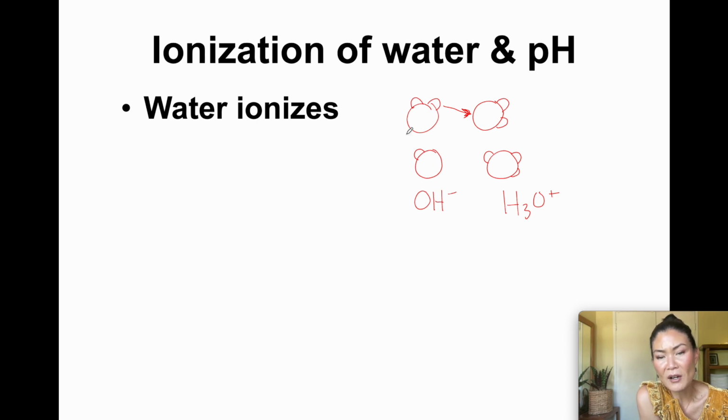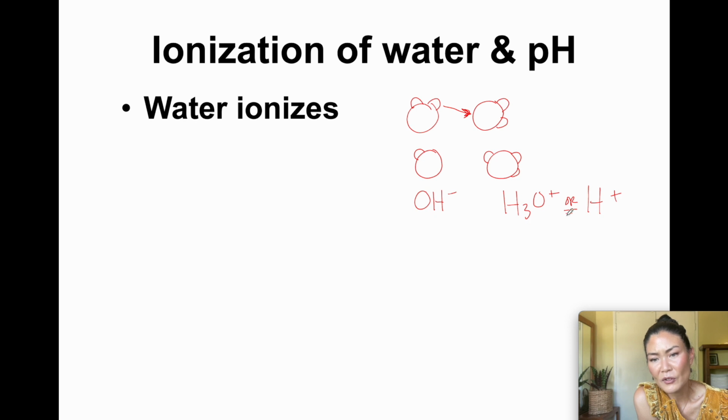So when we say water ionizes, it can ionize into OH minus or H3O plus. This is what we call a hydronium ion, and we can also just say H plus, okay?